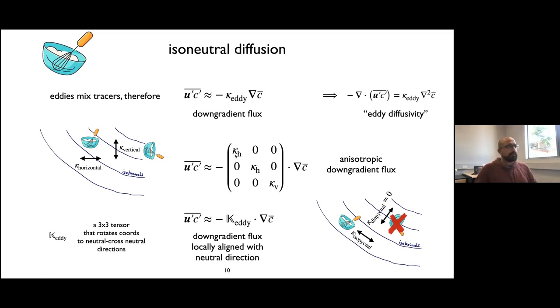Instead of a simple diffusivity, you have a tensor which first rotates your coordinate system to make it parallel with your isopycnals, and then applies some diffusivity along isopycnals and no diffusivity across isopycnals. That's the usual notion of isoneutral diffusion, as we call it.